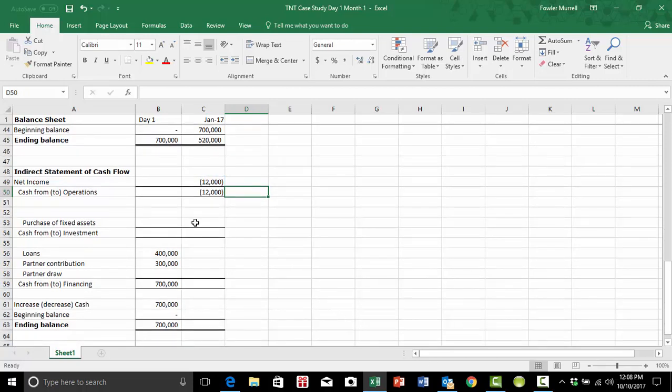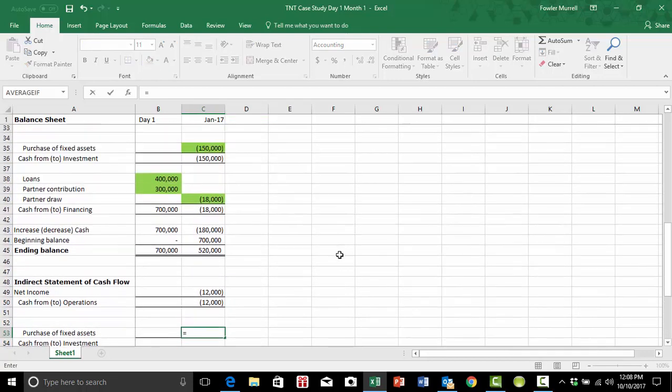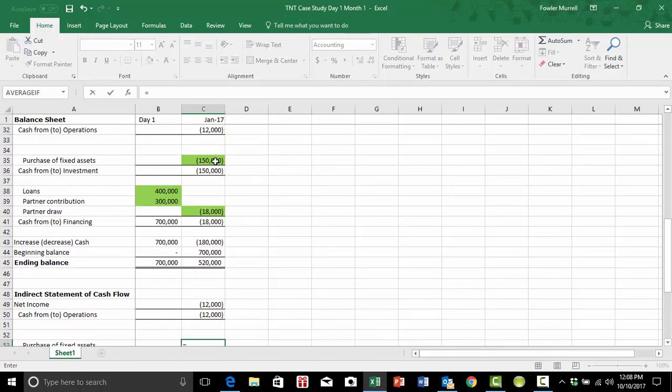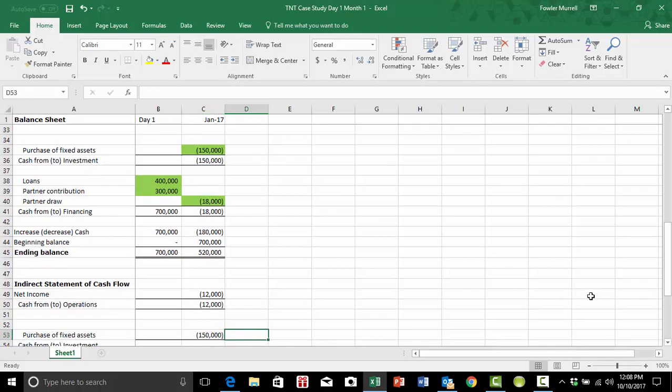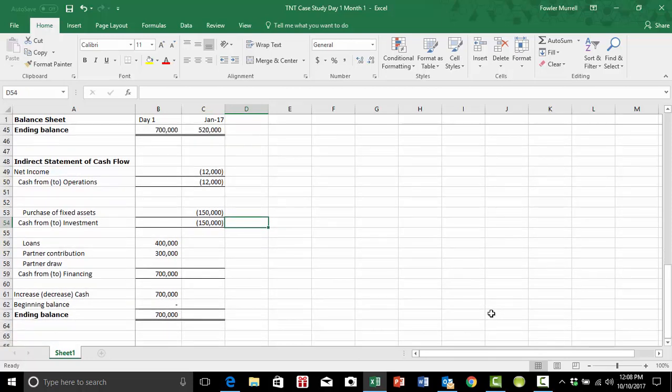Purchase of fixed assets, we had that. So we can link this to the direct statement of cash flow, which is that. So there's our purchase of fixed assets. That sum is equal to this number, minus 150,000.